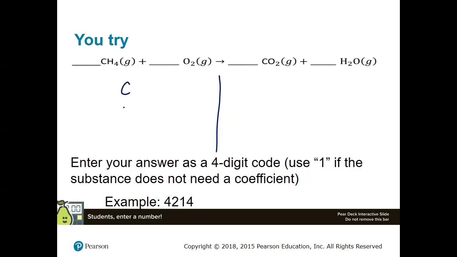Now for this combustion reaction, we've got carbon, hydrogen, and oxygen involved. On the reactant side, I have 1 carbon, 4 hydrogen, and 2 oxygen. On the product side, I have 1 carbon, 2 hydrogen, and I've got 2 oxygens in carbon dioxide, plus 1 oxygen in water for a total of 3.